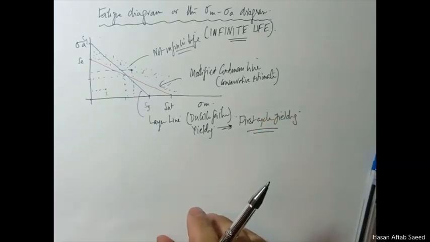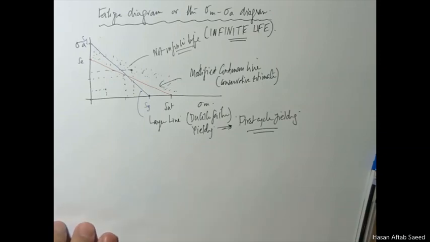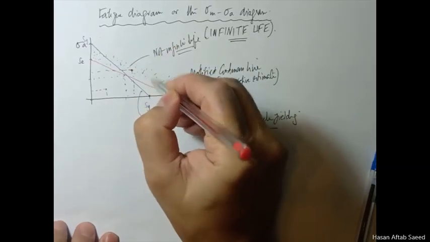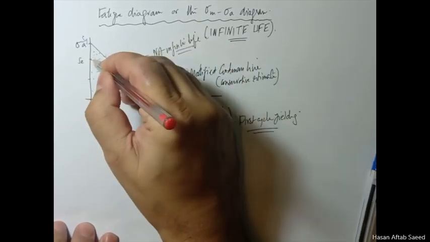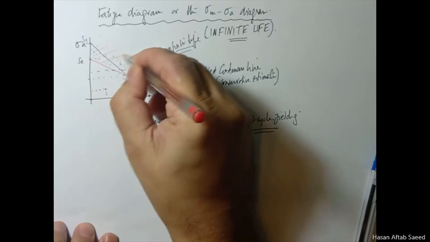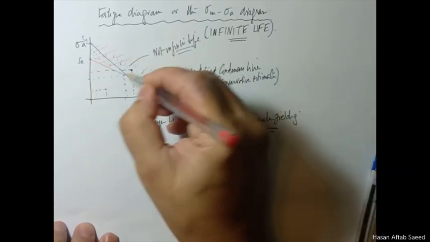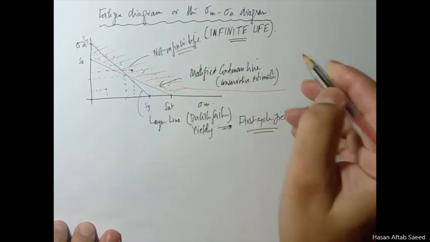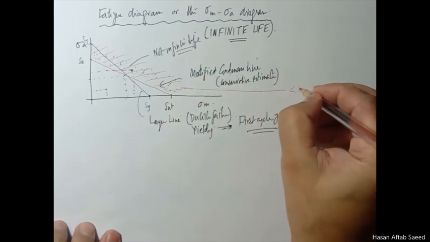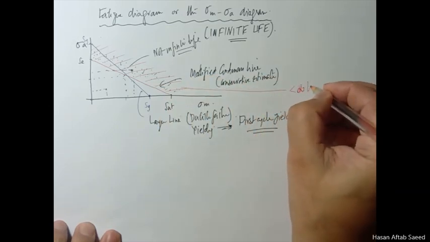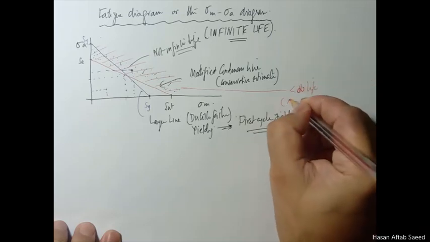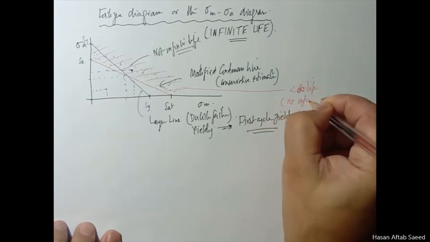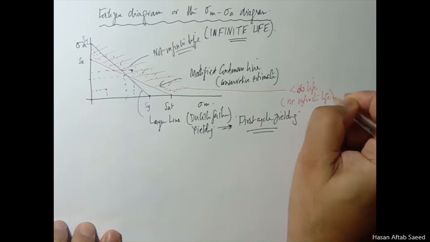So now in summary, any point that is above this red line, if you plot your sigma a and sigma m, we are going to calculate them, this gives you less than infinite life, or in other words, no infinite life.